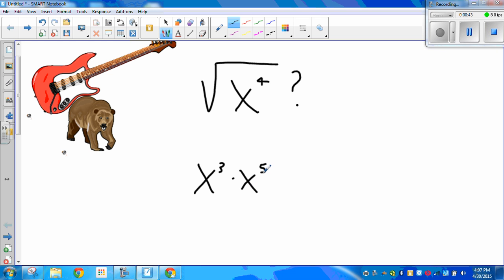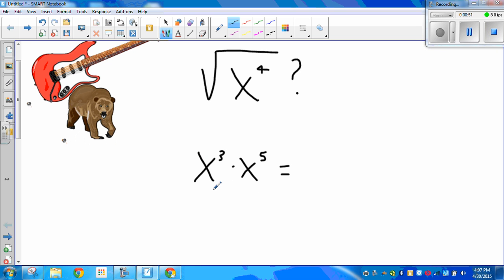I made this up with random numbers on purpose, because you have to remember that when we multiply variables with the same bases, we add the exponents.